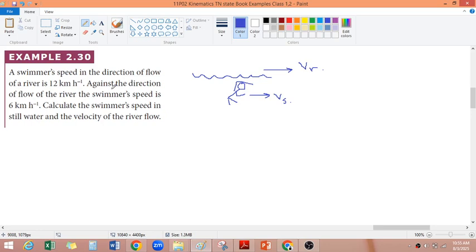So that means Vr plus Vs is equal to 12 km per hour.